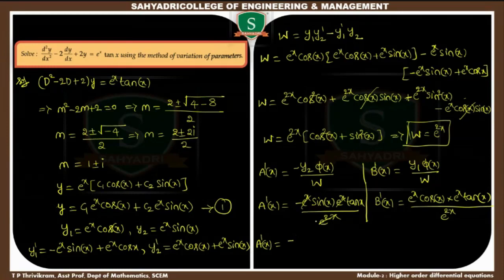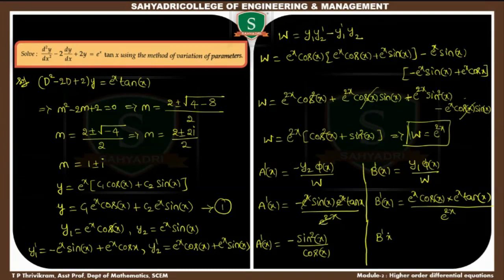So minus sin x into tan x. This can be written as sin square x divided by cos x. Sin x into sin x by cos x, sin x whole square, so I can write it as sin square x by cos x.